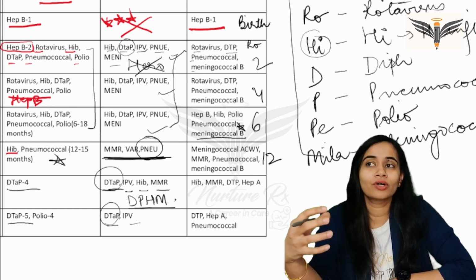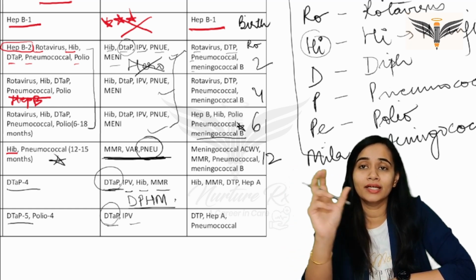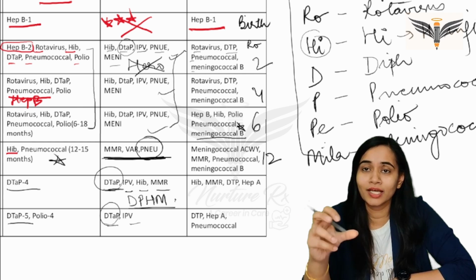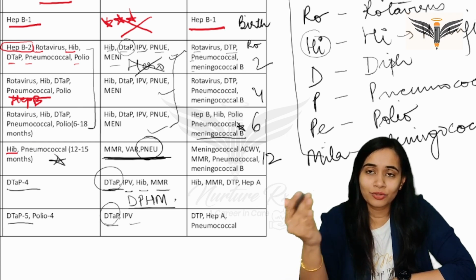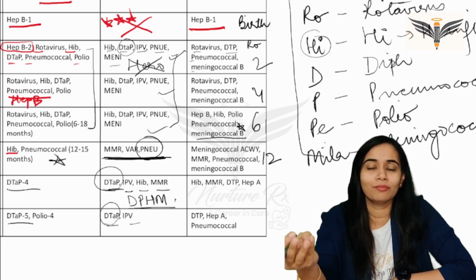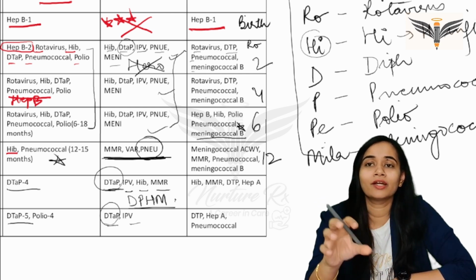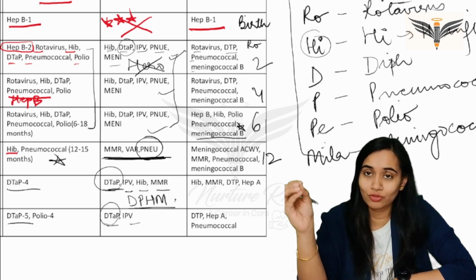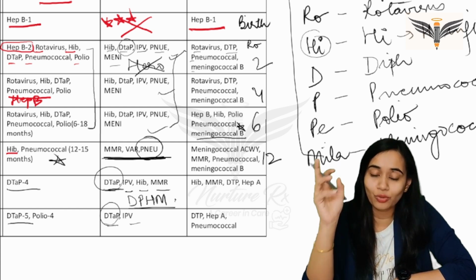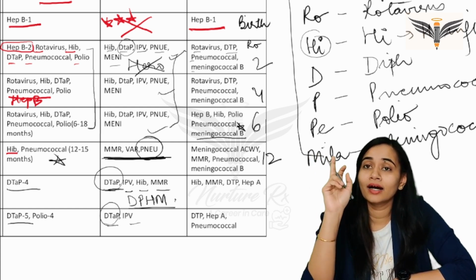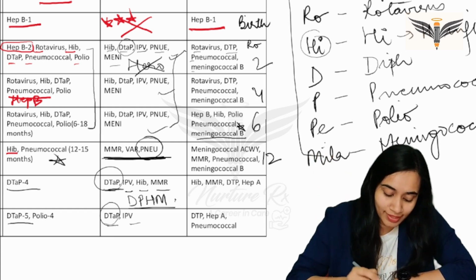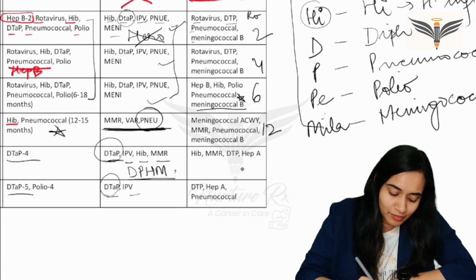So see, meningococcal B, when we said, it was the B serogroup of meningococcus. So similarly, there are other serogroups out of which A, C, W and Y vaccines combined together in meningococcal ACWY vaccine, which is given at 12 months of age in Australia, right?